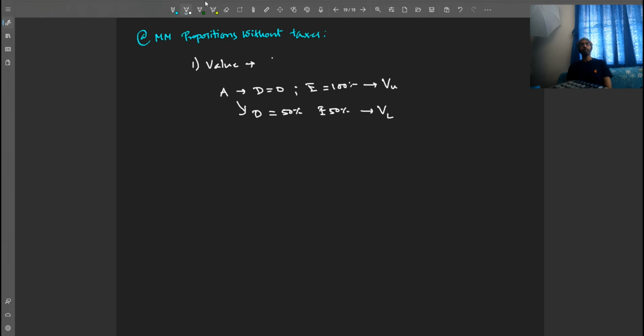That is, VU should be equal to VL. The valuation of the firm is not different in any case. You make the debt 10%, you make it 20%, you make it 80%, it does not matter. If there are no taxes, the value of the firm does not change. It remains constant. Okay, this is the first proposition.